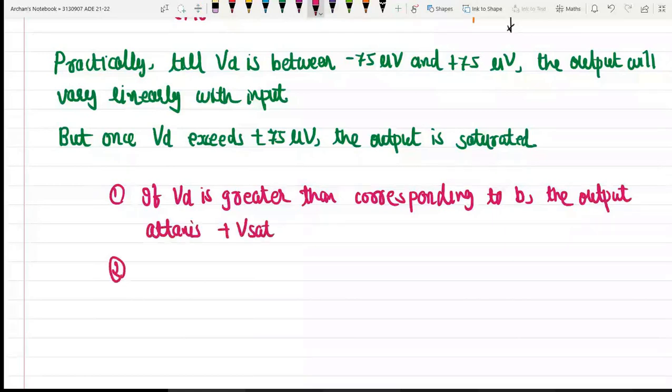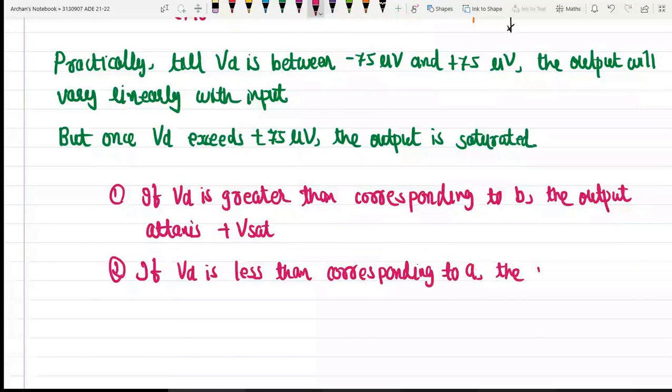Okay, if Vd is less than corresponding to A, the output attains minus V saturation.